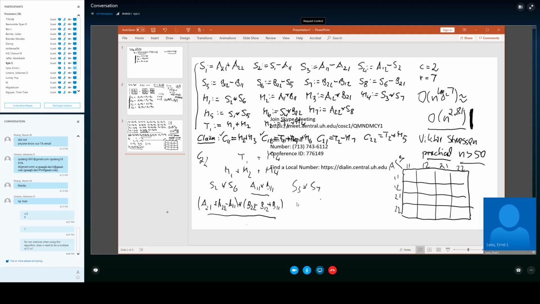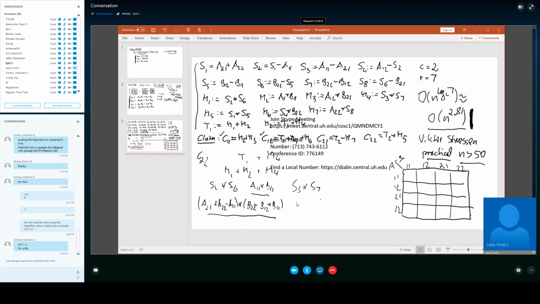Anyway, so S3 is A11, A21, and A7 is B22 minus B12. So A21, A22, and A11.